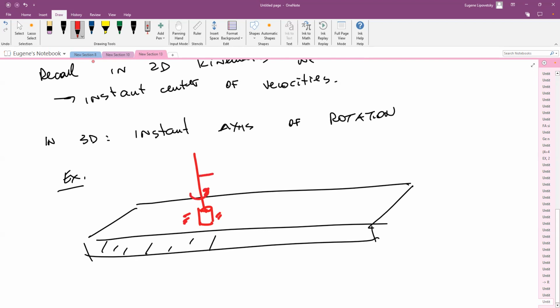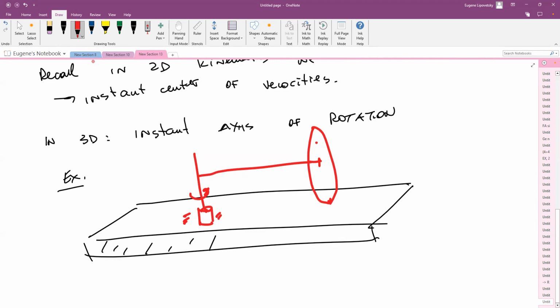And to this axle, we have attached a wheel. So as this is rotating, the wheel will also be rotating, right?